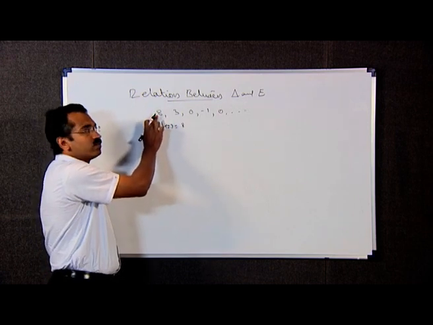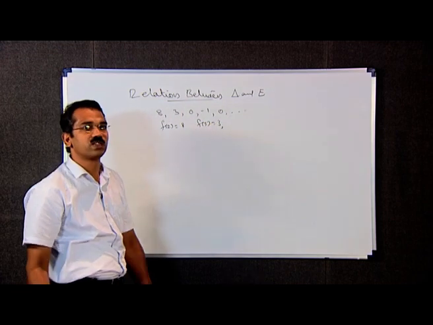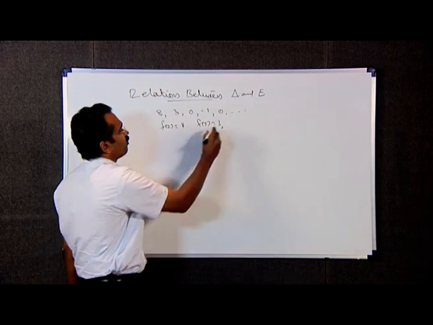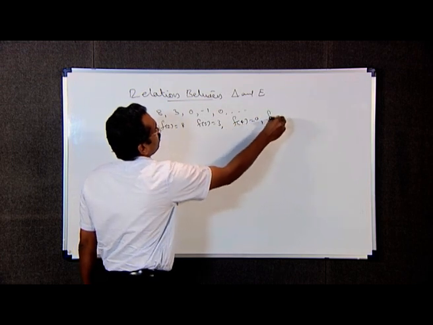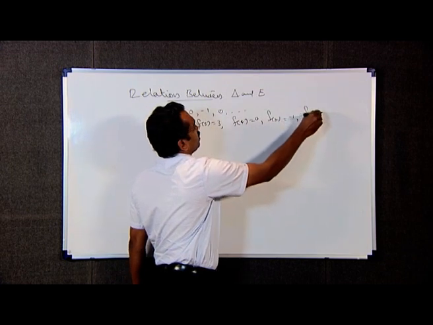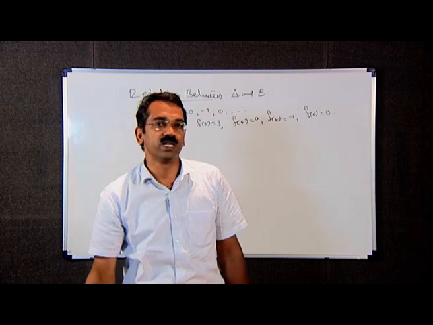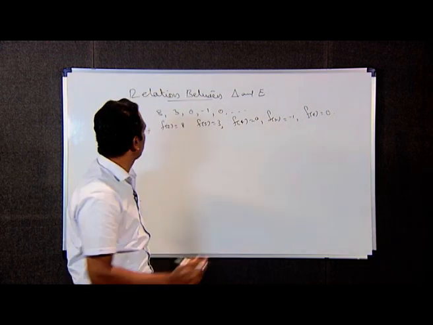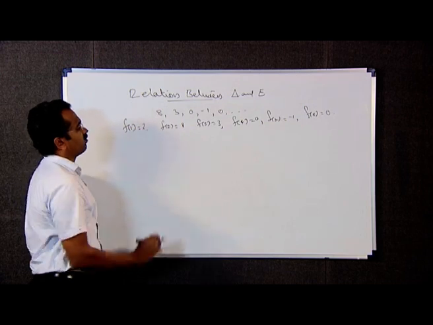This is the second term. Third term is 3, f of 3 is equal to 3, f of 4 is equal to 0, f of 5 is equal to minus 1, f of 6 is equal to 0. These are the given values. We have to find f1, the first term.